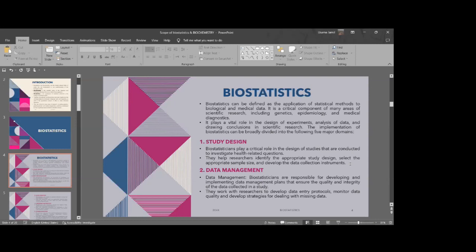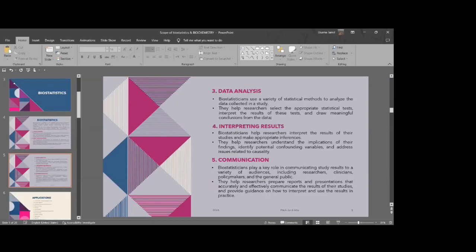Now the next part is data management. In this part, the data we already have, we manage it properly.